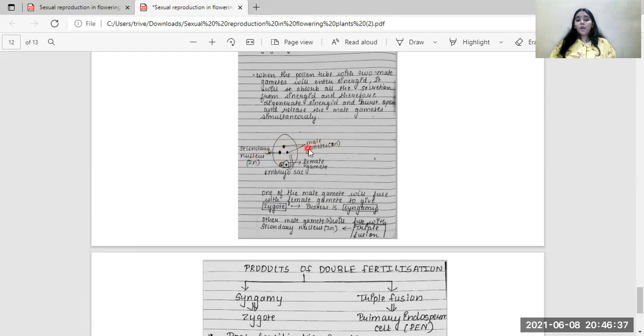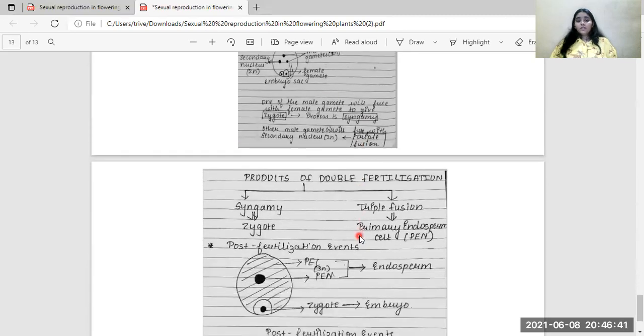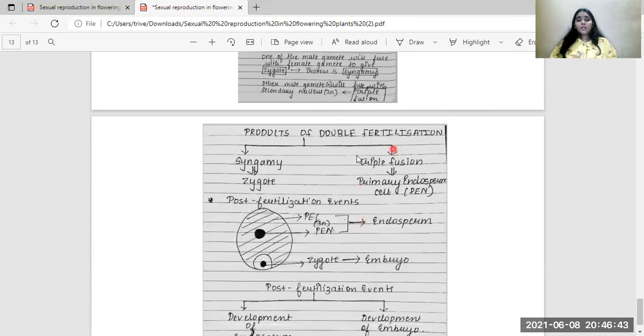It gives a triploid product, and therefore it is known as triple fusion. The products of double fertilization are: syngamy gives the zygote, and triple fusion gives the primary endosperm cell, PEC, which consists of the primary endosperm nucleus, PEN.